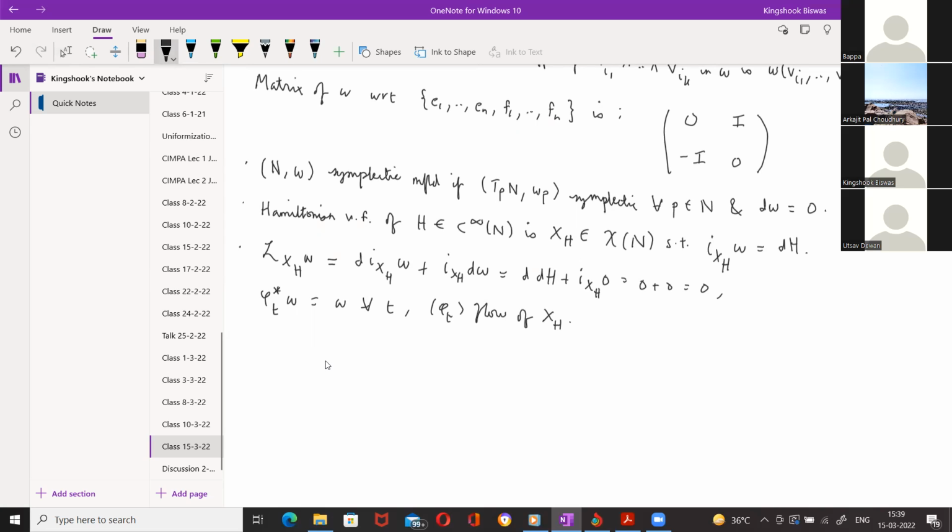So note that omega wedge power p is non-zero for all p up to n, where little n is equal to half the dimension of N. So omega wedge power n is a volume form.